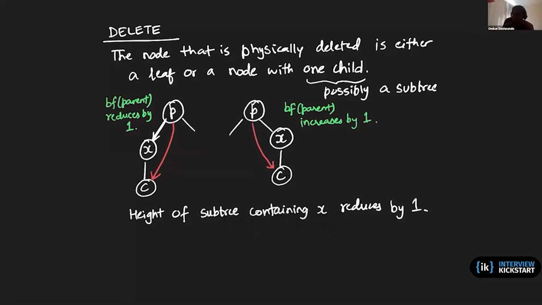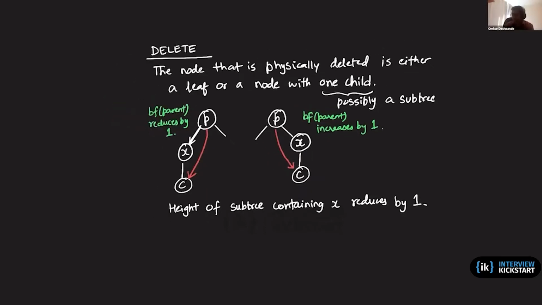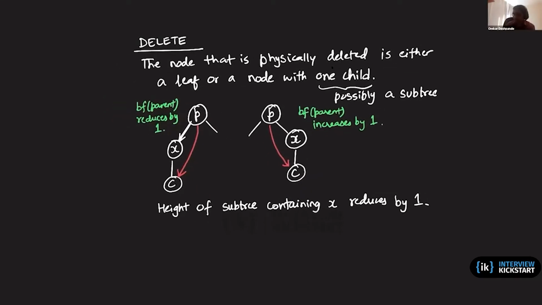Okay. Now, there are actually three possible cases that we could have, and let me write them down. So when the branching factor of the parent reduces by 1, maybe it was 0 and it became -1, right? Or maybe it was 0 and it became +1.